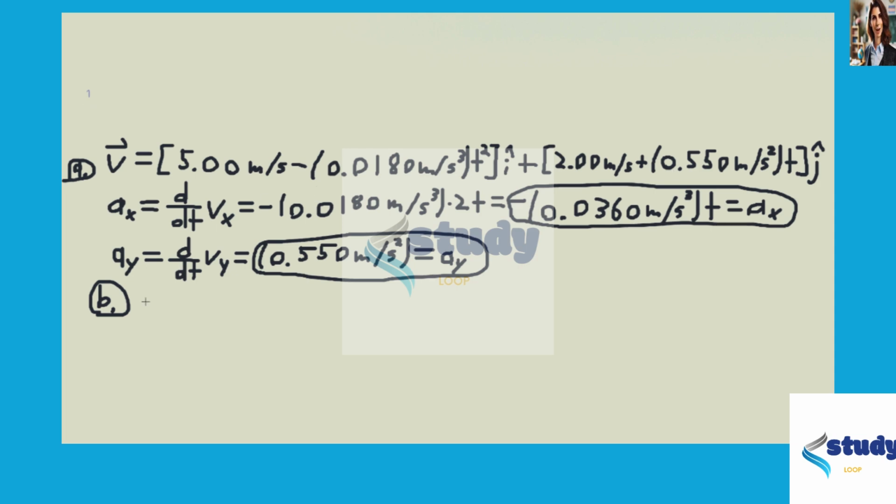If we look at the x direction first, we have vx here, and we'll plug in t equals 8 in the vx equation so that we get a result for vx at t equals 8. We plug in t equals 8 for vx, and we're going to get 3.848 meters per second.